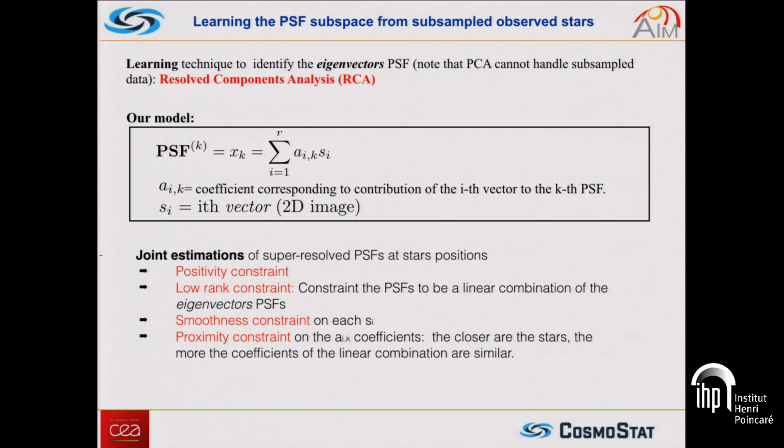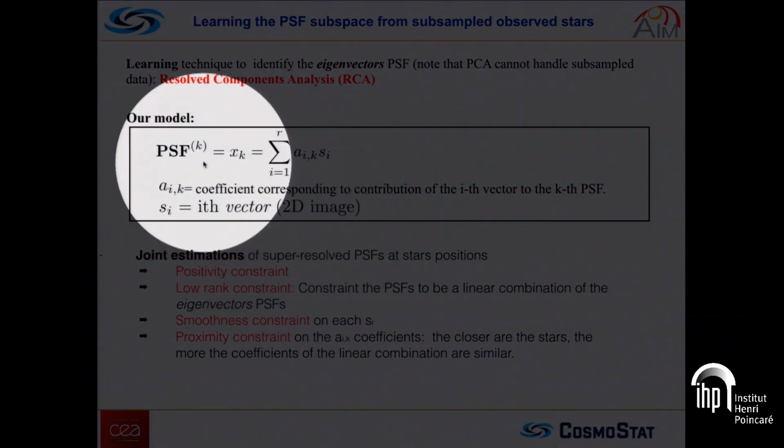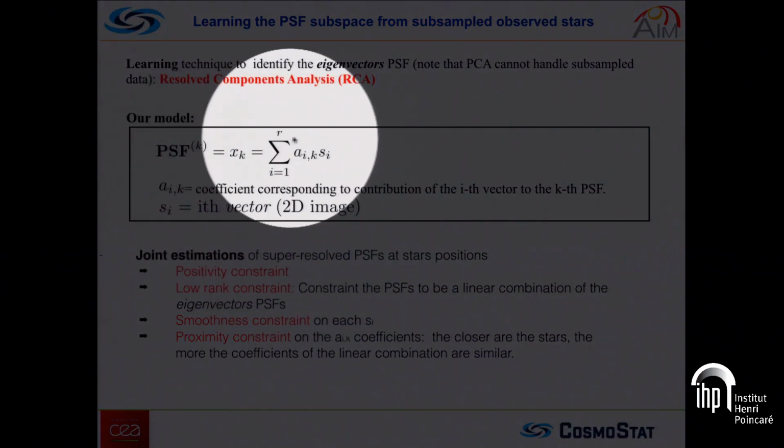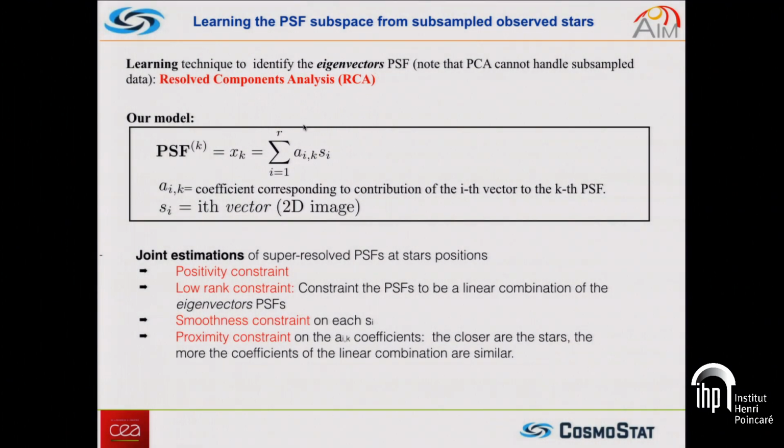What kind of constraints can we add which are reasonable to solve this problem? The first one: we can consider that the point-spread function of the instrument is positive. There is no reason to believe that there are negative values. We can have a dimension reduction model where each point-spread function is a linear combination of what we call eigen PSFs. Few eigen PSFs are very good to represent any star in the field, so it's a low-rank constraint.